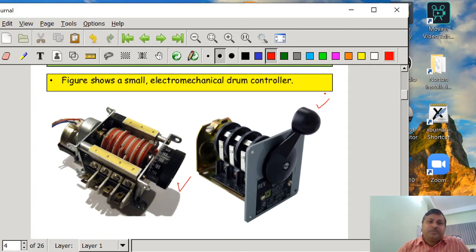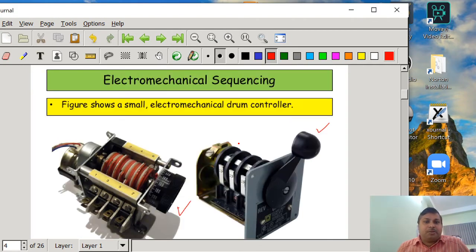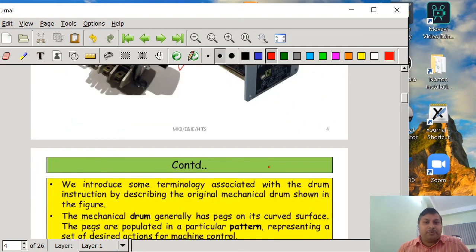Now we are going to see how this drum controller, an electromechanical device which is now replaced by PLC sequencer functions, is going to operate.